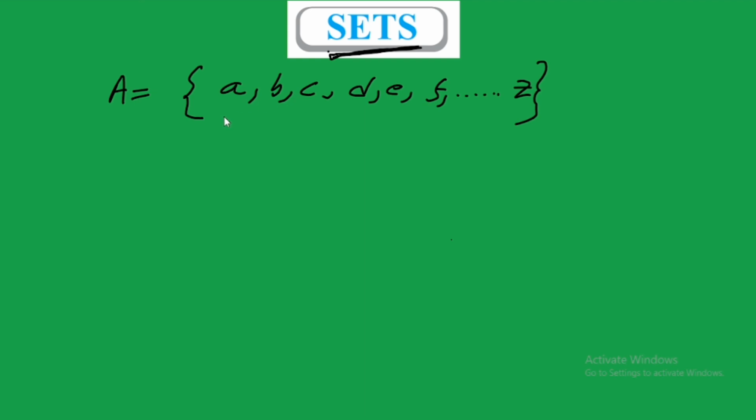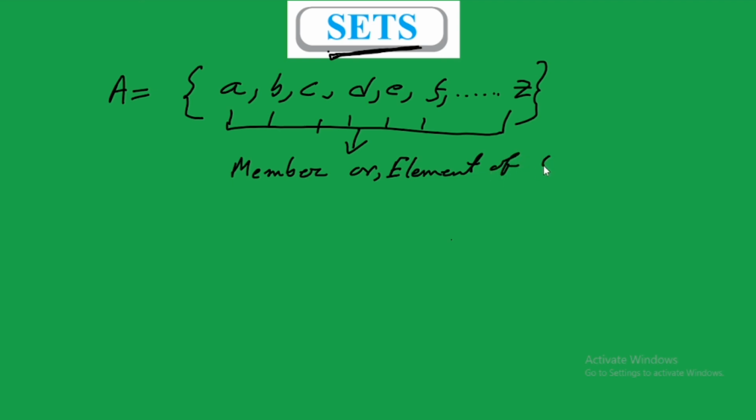There are a total of 26 elements here, and the capital letter is the notation of the set.